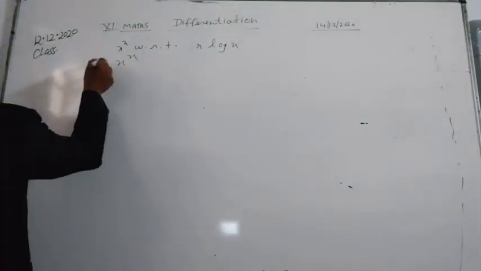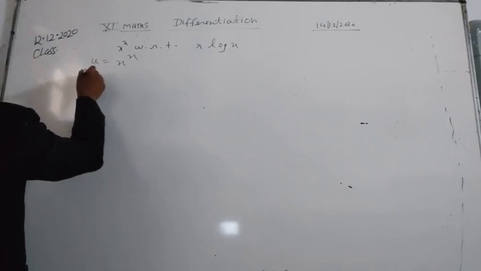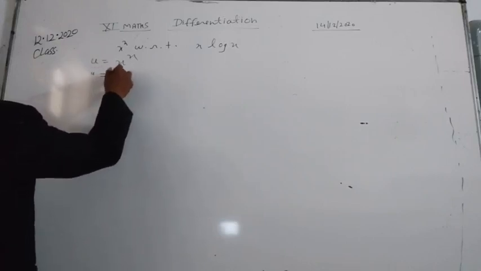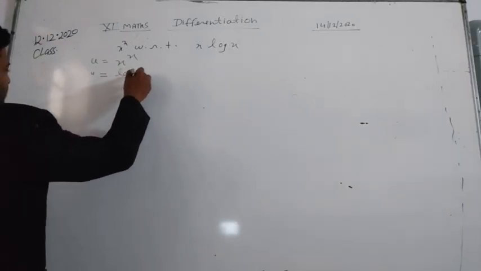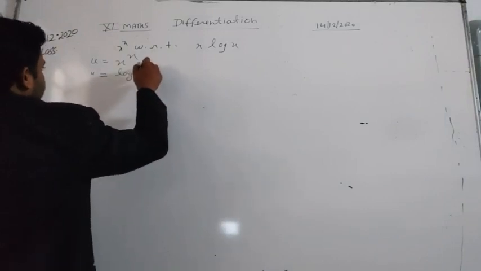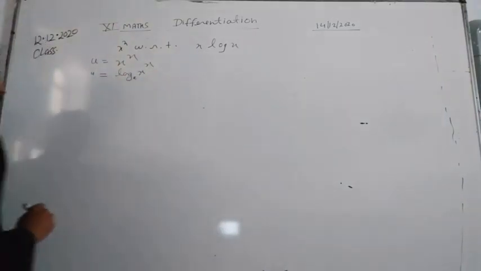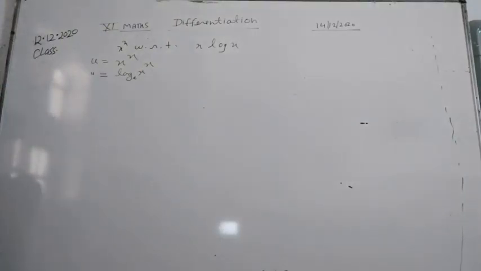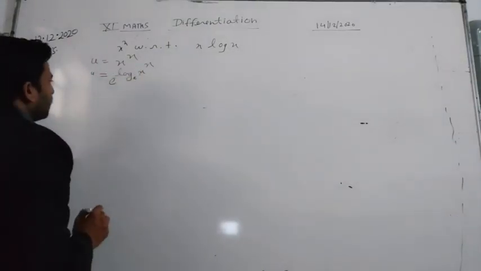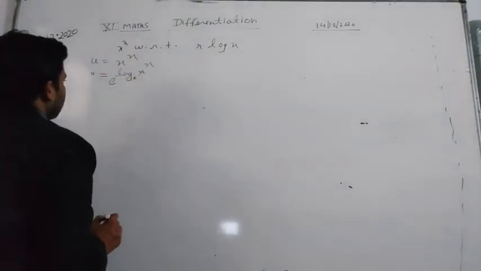Now we can write this term as log u equal to log of x to the power x, so u is e to the power log x to the power x.